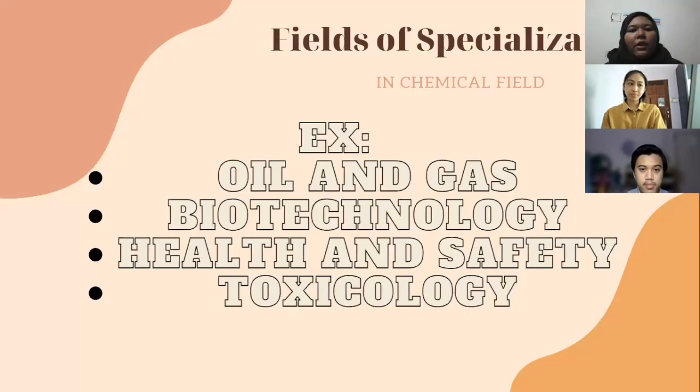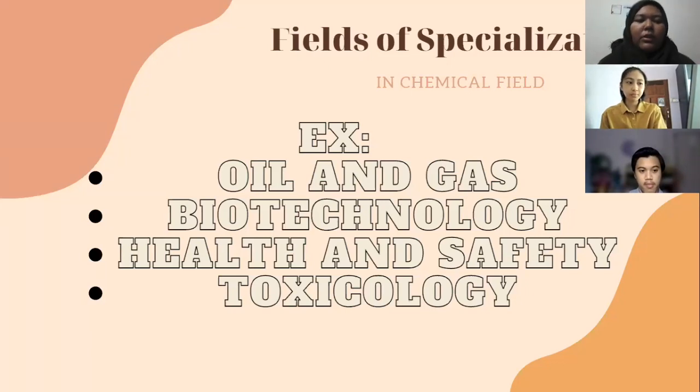Okay, next, fields of specialization in the chemical field, which are oil and gas, biotechnology, health and safety, and toxicology. Oil and gas usually work offshore and onshore, where they dig natural gas and oil in the ocean. Next, biotechnology is usually in a lab, a technique that utilizes biological systems to develop and operate different products.